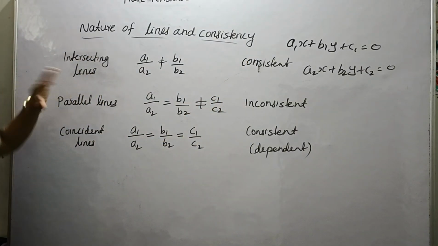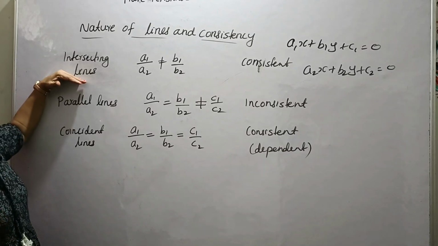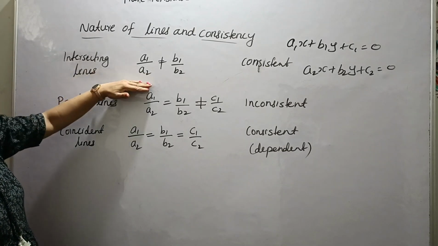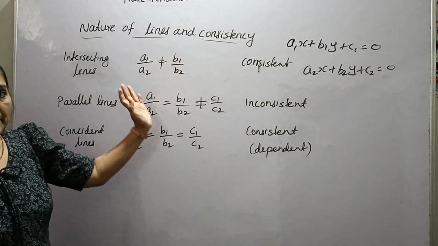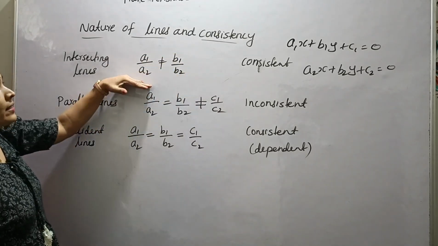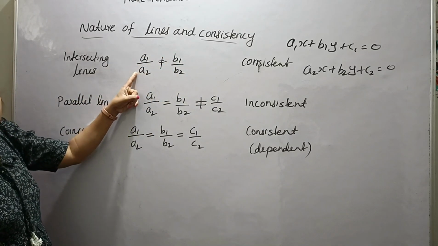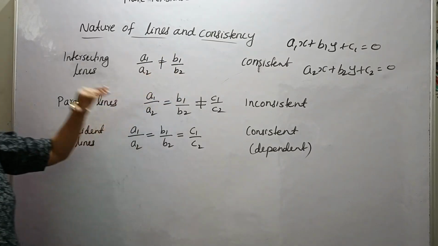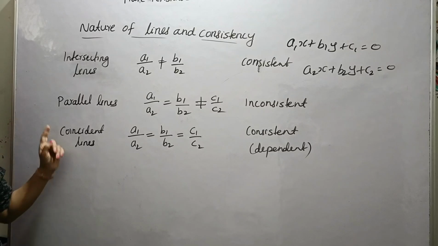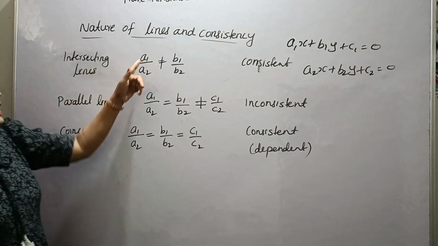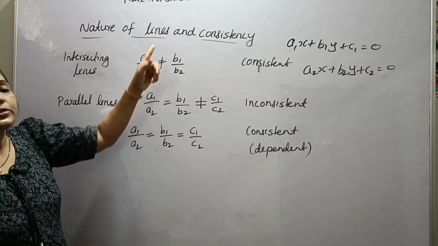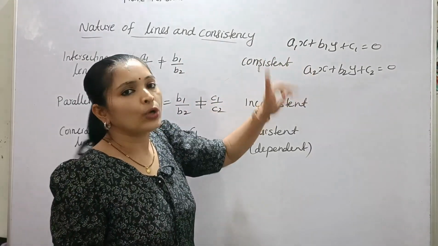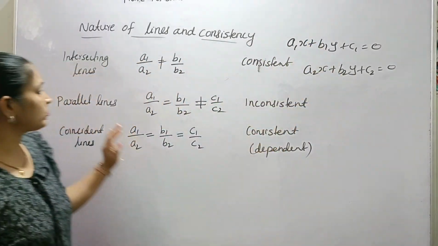If two lines are intersecting at a point, then the system is consistent and a1 divided by a2 is not equal to b1 by b2.